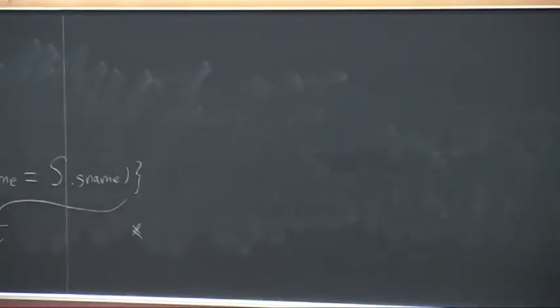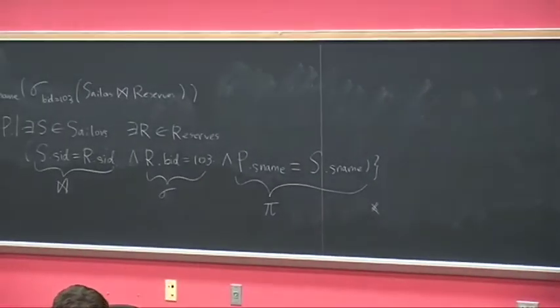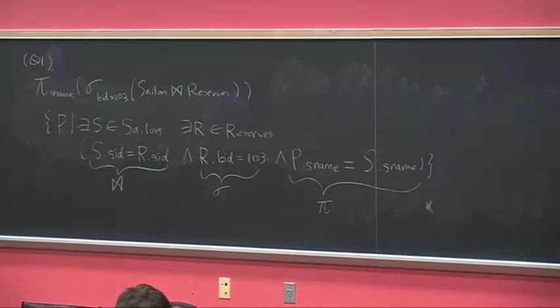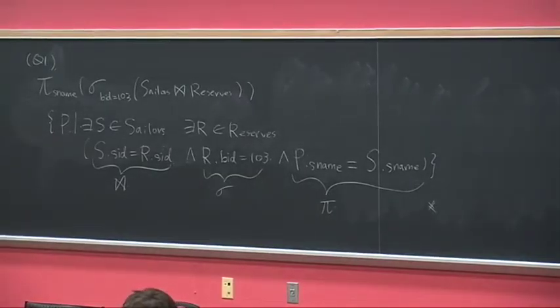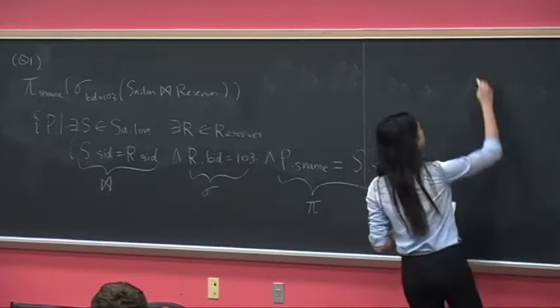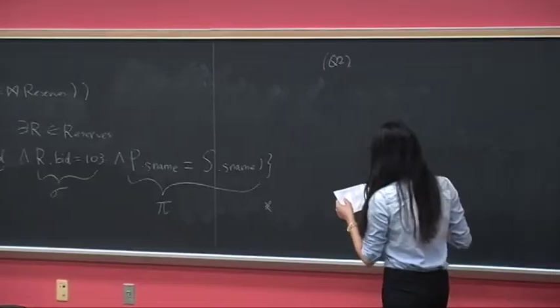Then we want to try query 2. In query 2, we want to find the names of sailors who have reserved a red boat. I'll quickly write down the algebra first.